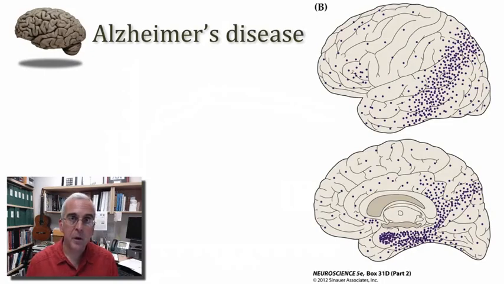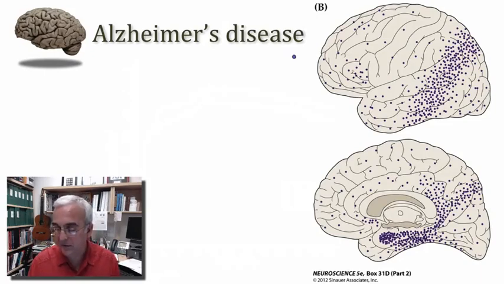Well, Alzheimer's disease is a neurodegenerative disorder that primarily afflicts the cerebral cortex. And here in this figure we see the distribution of pathological hallmarks of Alzheimer's disease, with these dots reflecting the density of those pathological changes.